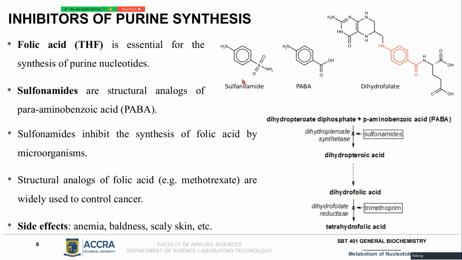And if you look at the structure of sulfanilamide compared to para-aminobenzoic acid, there is a structural similarity. The difference you see is a sulfonamide group, a sulfate group with an amide group, which is replacing the carboxylic group in para-aminobenzoic acid.